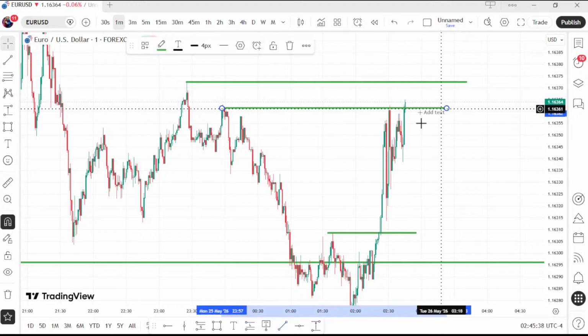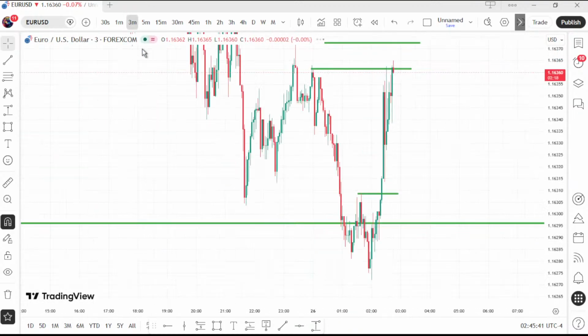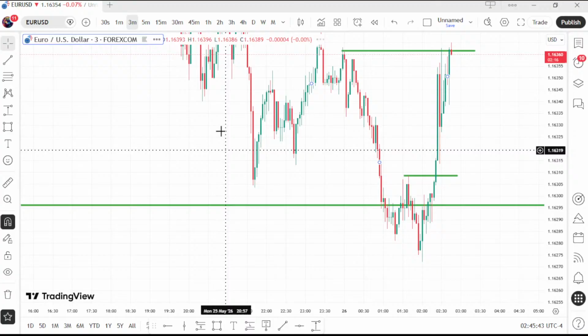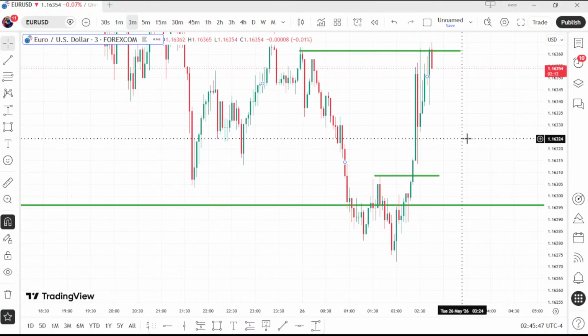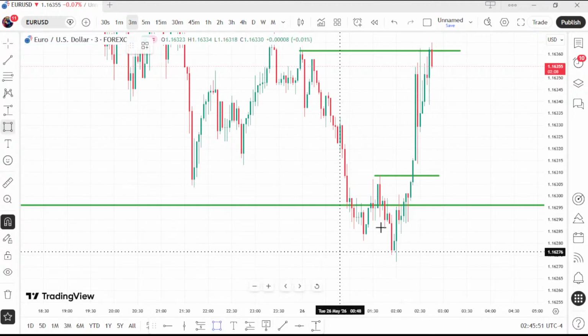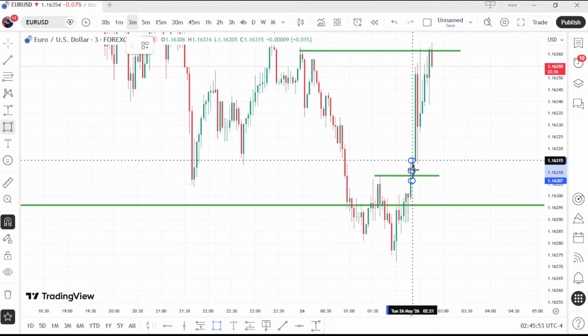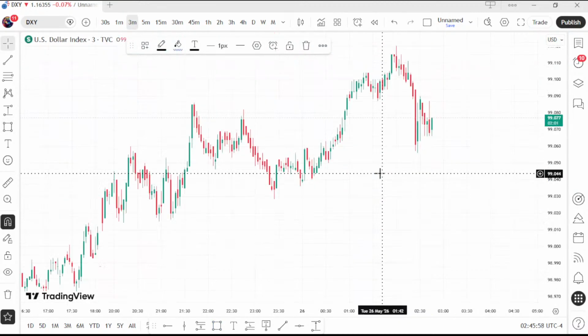It is even high. You see how it's doing nicely. It's essentially entered into a fair value gap in the 3-minute. The euro was the one that had good price action.